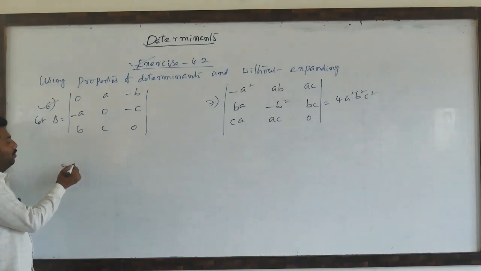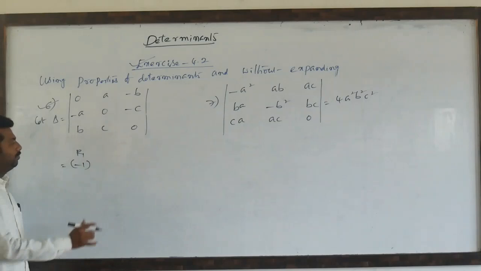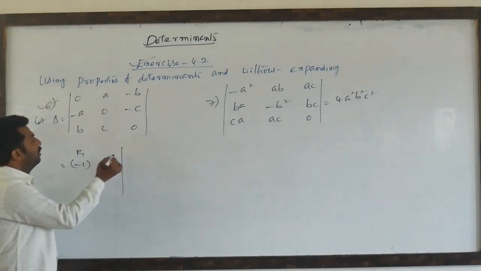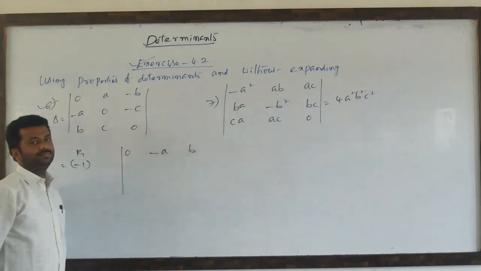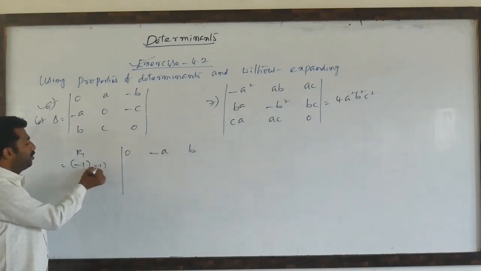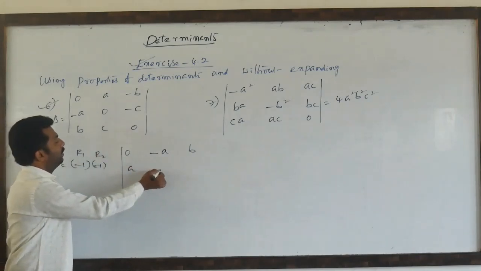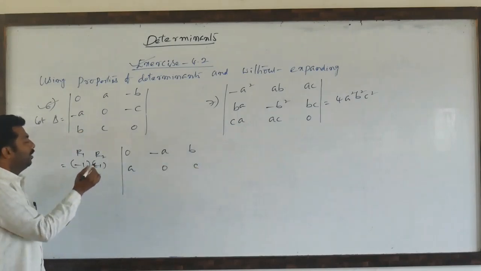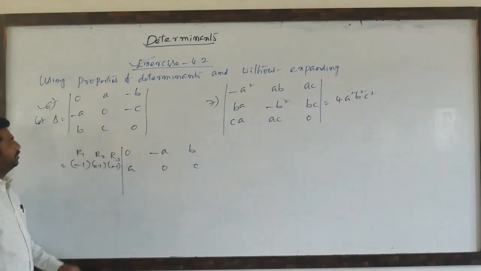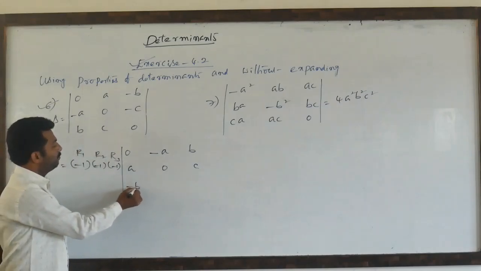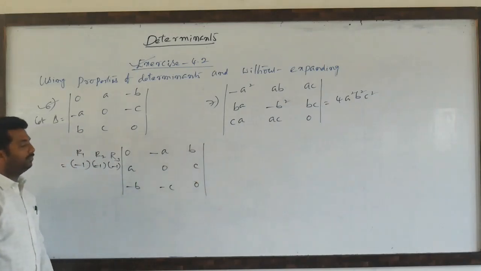From the first row, if I take minus common, what will you get? You tell: 0, minus A, B. From the second row, again we take minus common: A, 0, C. From the third row, again we take minus common: minus B, minus C, 0.